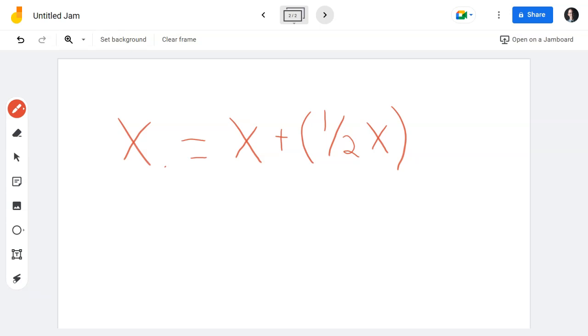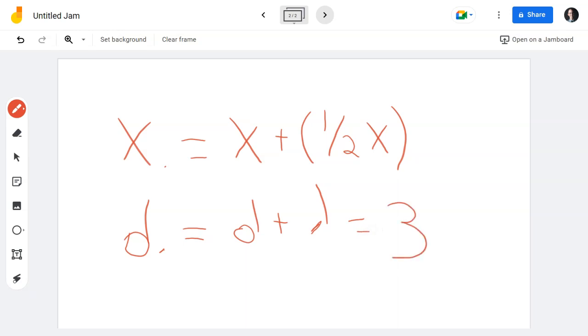So if I replace x with, let's say, a half note, I have a dotted half note, that equals a half note plus 1/2 of a half note, which is a quarter note, and that equals 3 beats.